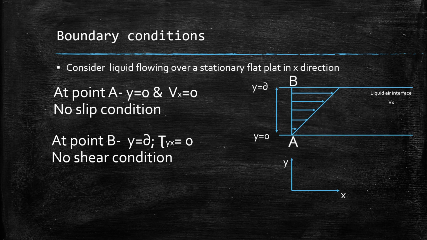So at the start of all the scenarios, what we are going to do is write down a particular set of assumptions. One assumption we have already studied is the laminar condition, right? Another assumption that we are going to make is steady state, right?